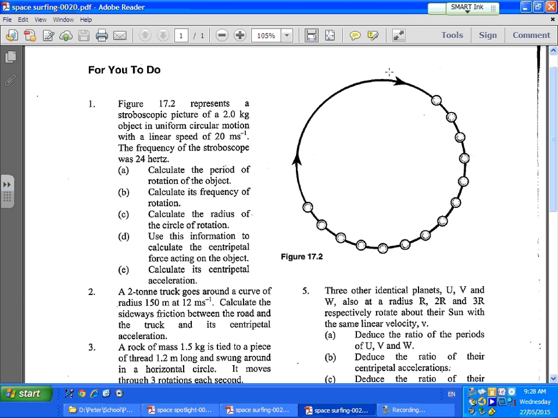Velocity equals distance travelled or displacement over time. So the displacement that you travel is 2 pi r, that's around the circle, and the time is the period of rotation.